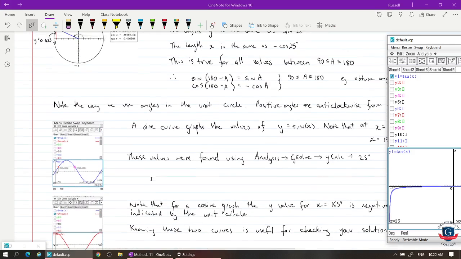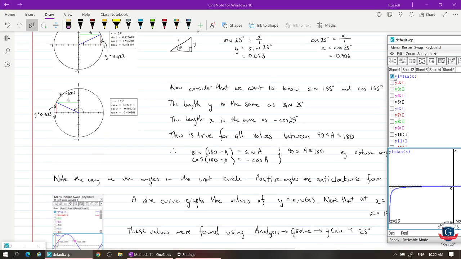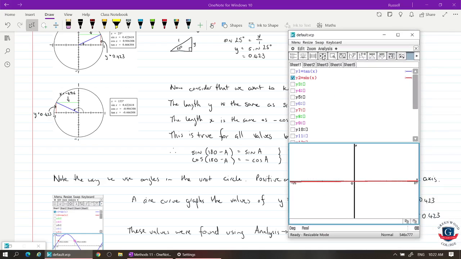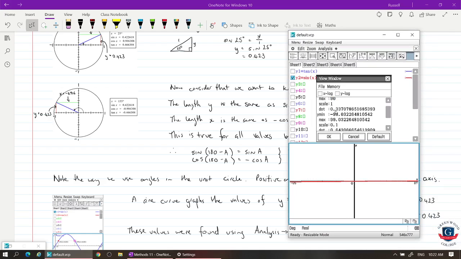We can see this for sine curves. So let me just put a sine curve up here. Now, let's have a look. We want to change this a little bit. Make this from -1 to 1. And maybe to make our life easier, we'll go from 0 to 360.